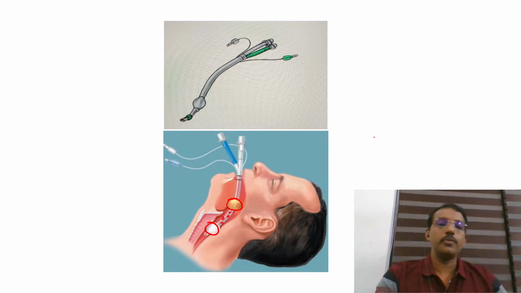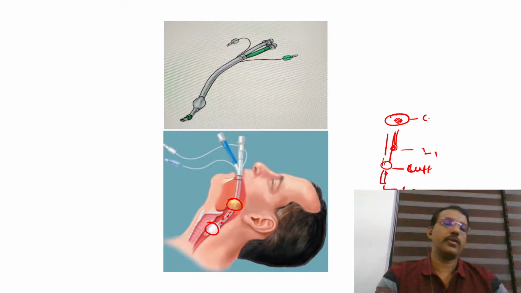While a double lumen tube will be something like this. Only two lumens, lumen 1 and lumen 2. This is the bulb. This is the cuff. Two cuffs here, cuff 2, and two lumens.